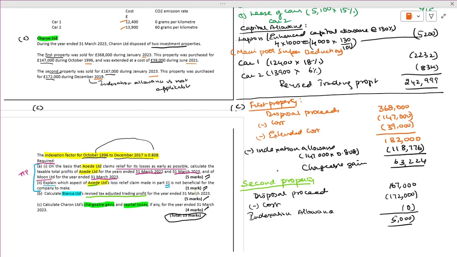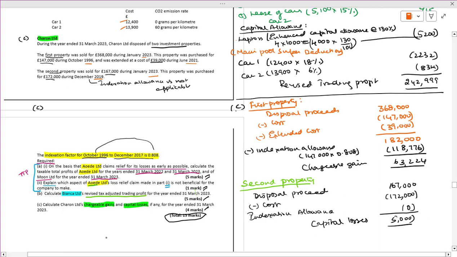Now, what they are asking is to calculate the chargeable gain and capital loss. This is the chargeable gain and this is the capital loss.